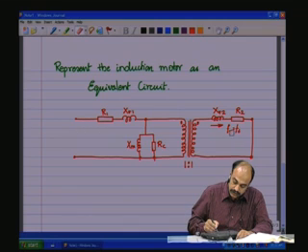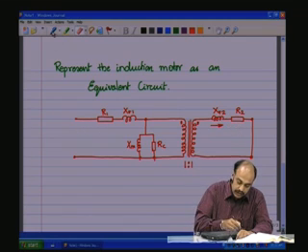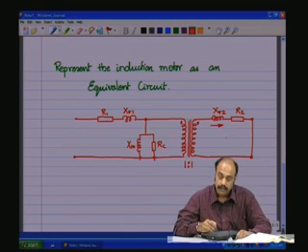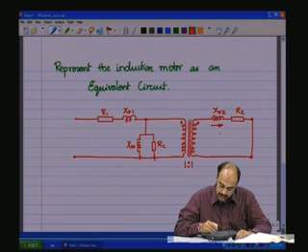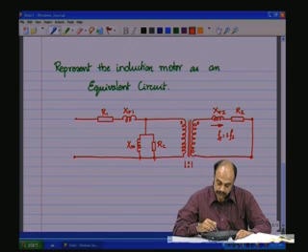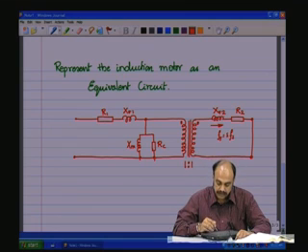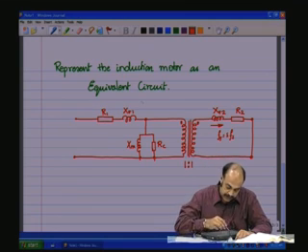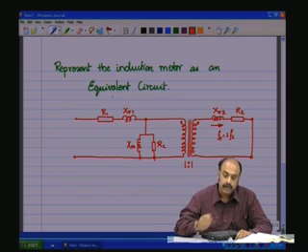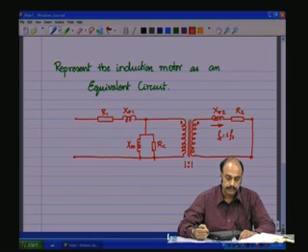Now if the motor starts rotating, you have Fr which is equal to S Fs, meaning the frequency of all this portion of the circuit is S times Fs. S is smaller, and therefore it is going to be lower than the frequency of this portion of the circuit.